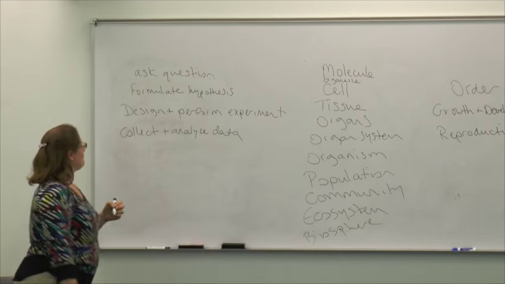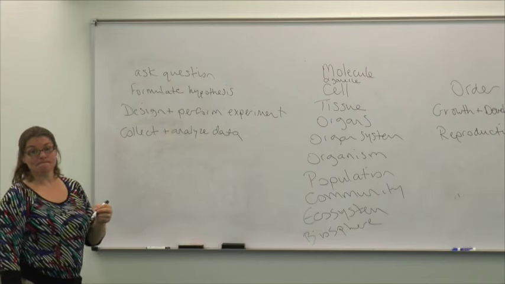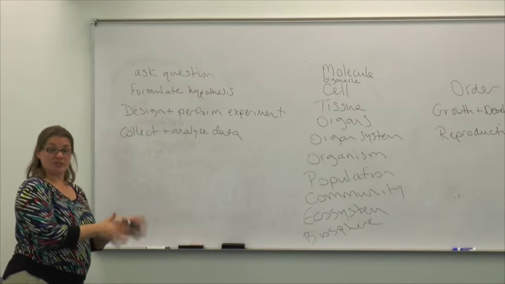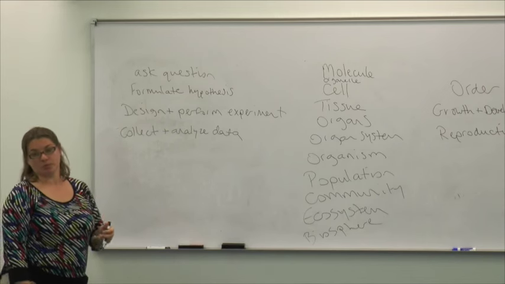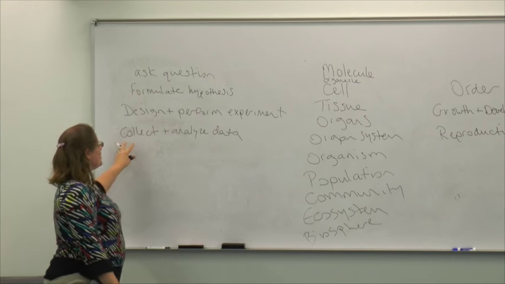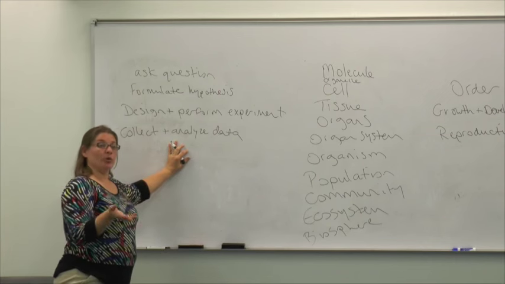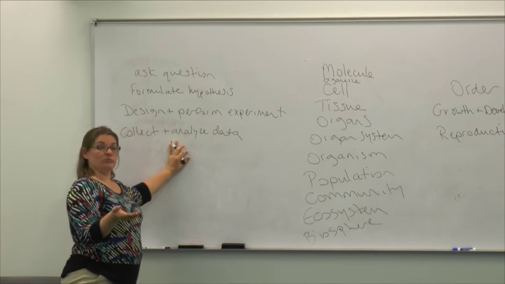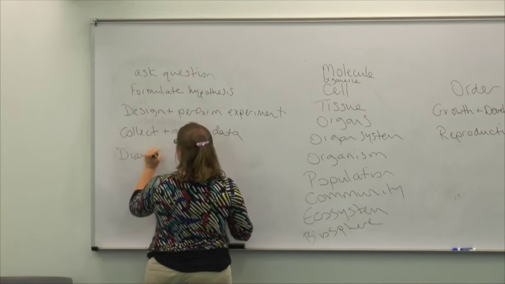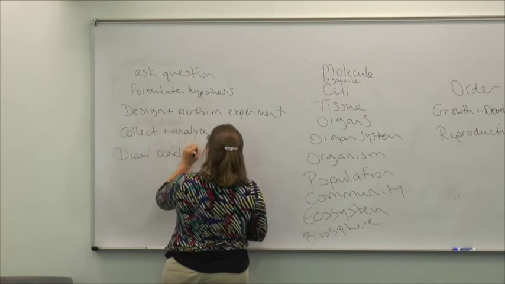Do you need to have a placebo group involved in that as well? A placebo? Well, that would be part of your experiments. You have your control group, your placebo group, and then you have your experimental groups. Sure. Okay. So once you analyze your data, you're going to draw your conclusions. And is that where it's going to end?